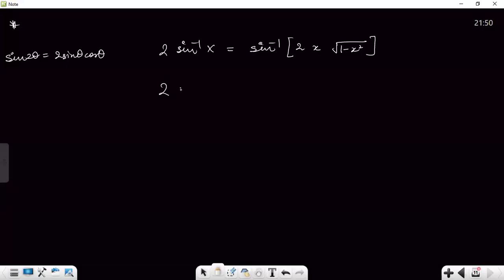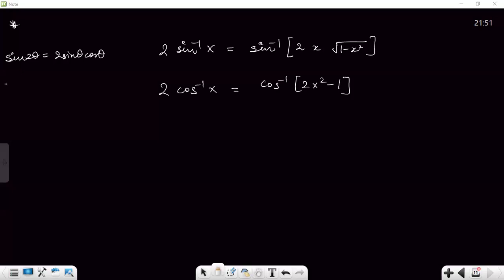Candidates often get confused with these formulas, but you have to have a strong understanding of them by correlating them. Earlier, we had a lot of formulas for cos 2 theta.